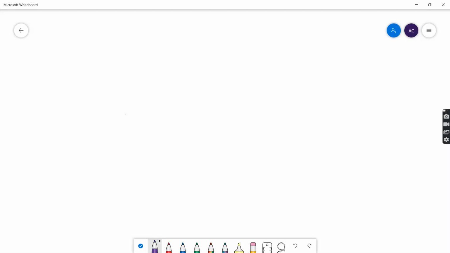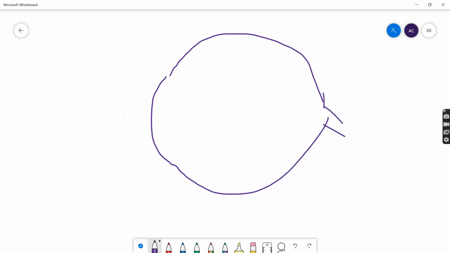This is the cornea. Iris. Now somewhere here is the ciliary body.